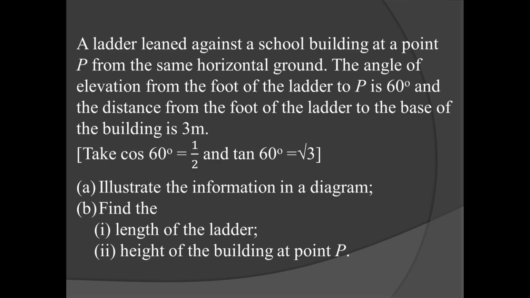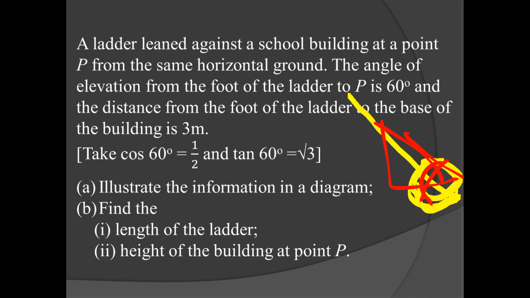Elevation means the angle above your eye, so raising your eye to see something upwards. And then depression means looking down, so it means the object is below your eye. Okay, so if I should draw my right angle triangle, right, so my eye is here and then the angle is here, so the angle here becomes my angle of elevation, because I am looking up.